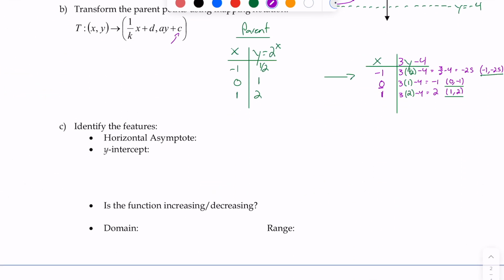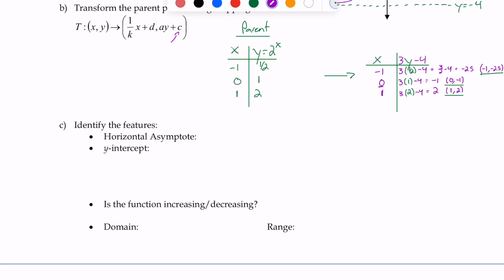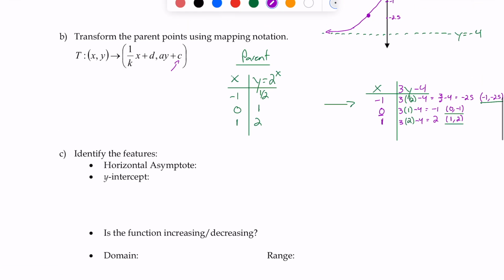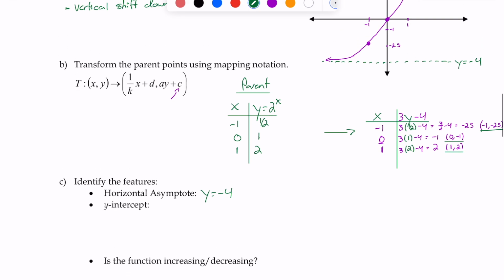Identify the features. Well, our horizontal asymptote, that was your c value. So in this case, that was y being -4. The y-intercept, well, we so happen to have found it by just using our mapping notation. That was 0, -1. But let's say you weren't lucky and that wasn't one of the points you calculated using your parent.